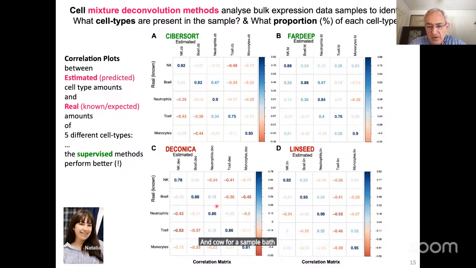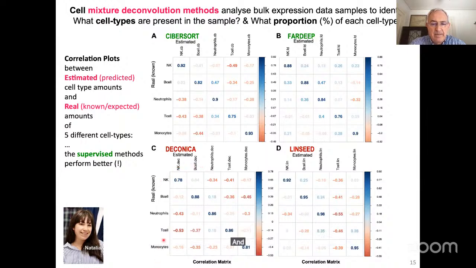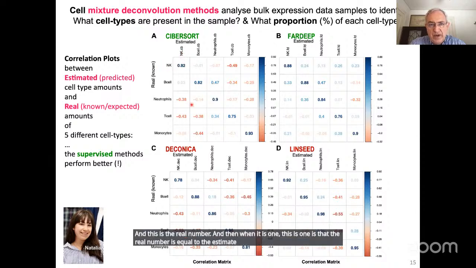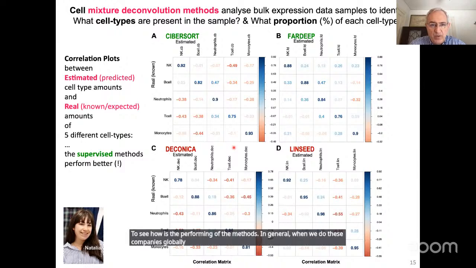But we observe that for some of them, here is the estimated value of the number of cells corresponding to this cell type, and this is the real number. When it is one, the real number is equal to the estimated. In this way, we perform these correlation plots to see how the methods are performing. In general, when we do this comparison globally, the methods perform quite well.